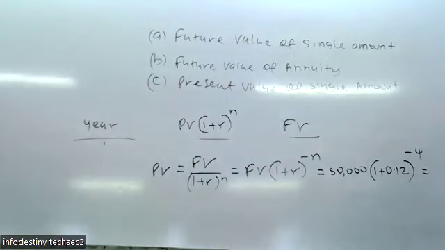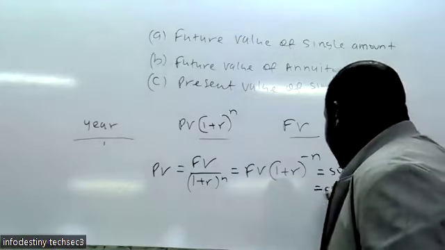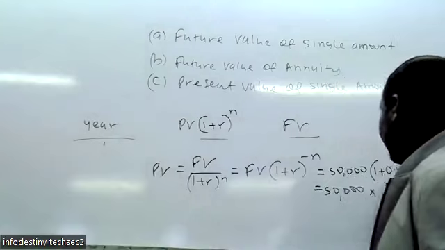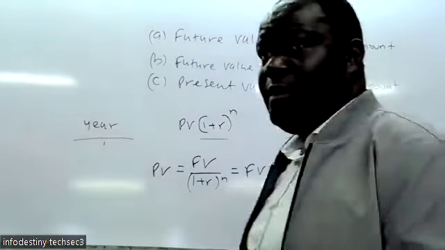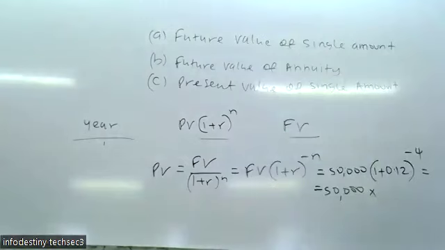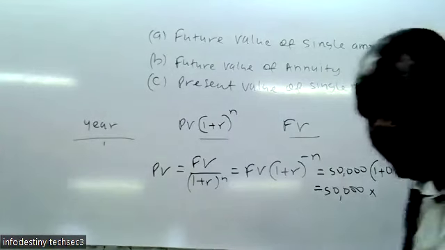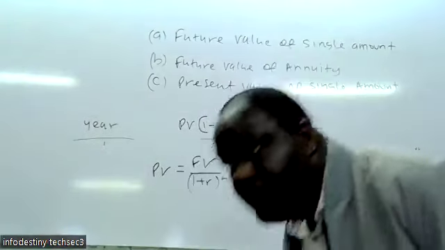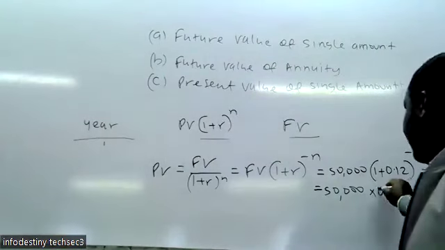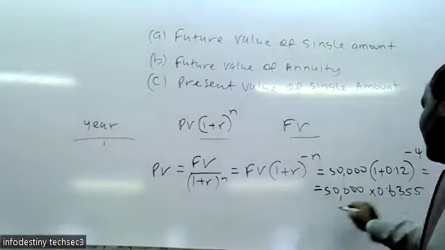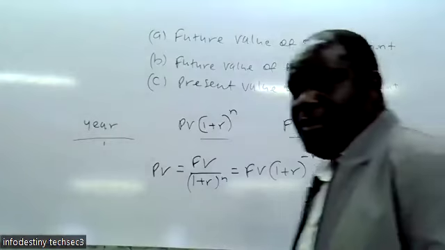So what I want you to do, first get that figure in brackets, round it off to 4 decimal places so that you give me the figure after rounding it off to 4 decimal places. .63. Yeah, so then now get the value for that.